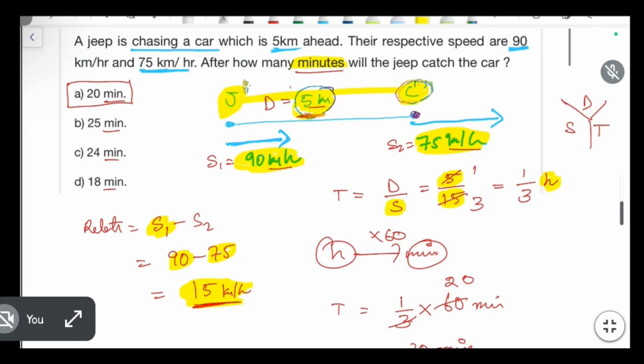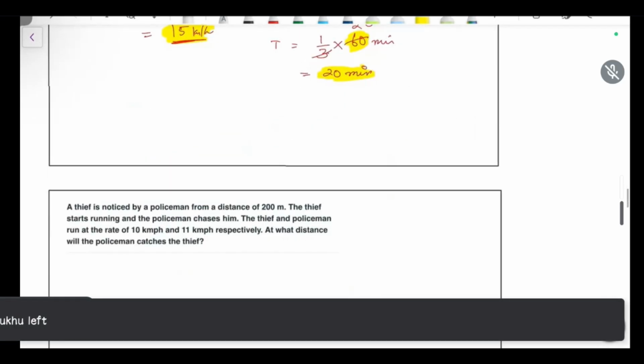So this 5 kilometer will be traveled at a speed of 15 kilometer per hour. So that's the answer here. We are reducing it and converting this 1 by 3 hours to minutes just by multiplying it by 60. Why? Because we are converting from a higher value to a lower value, so we need to multiply by 60. So that's the answer there. Let's move on to the next.